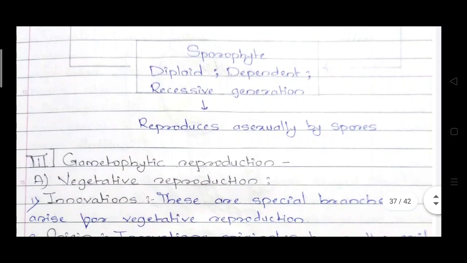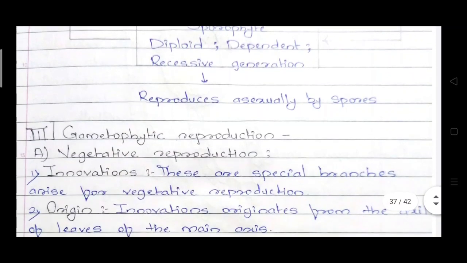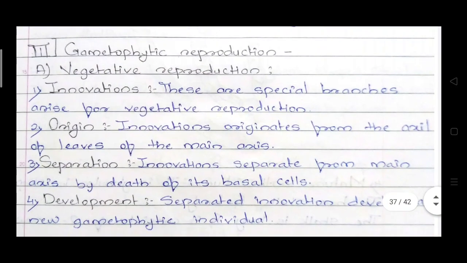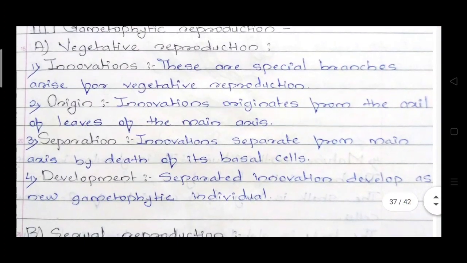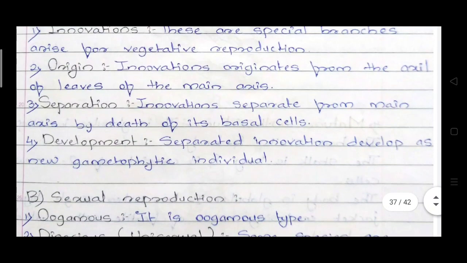So let's discuss the gametophytic generation. The gametophytic generation reproduces vegetatively as well as sexually. In vegetative reproduction, special branches arise from the vegetative body, mostly from the axils of the leaves of the main axis.